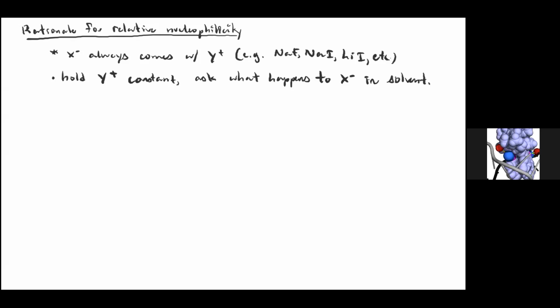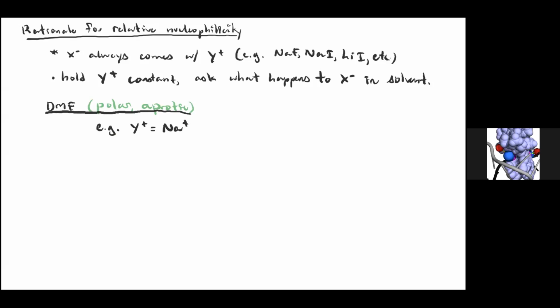If we start with DMF, that's a polar aprotic solvent. Graphically, and let's say just for sake of discussion, we're going to use Y plus equals sodium, just so we have a real atom in there.